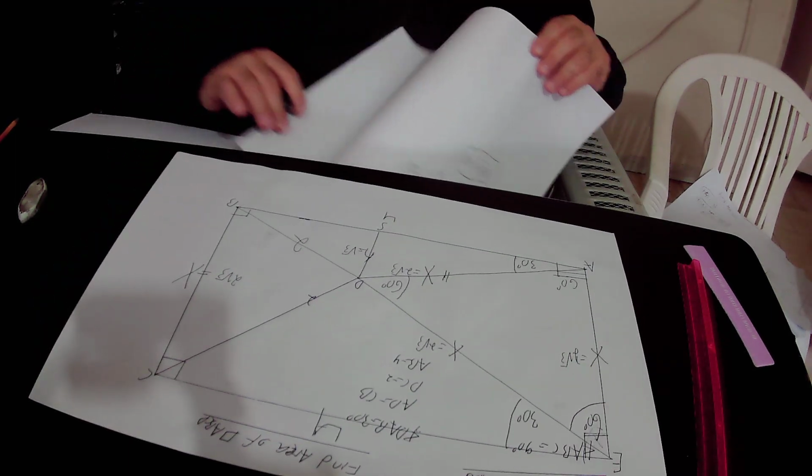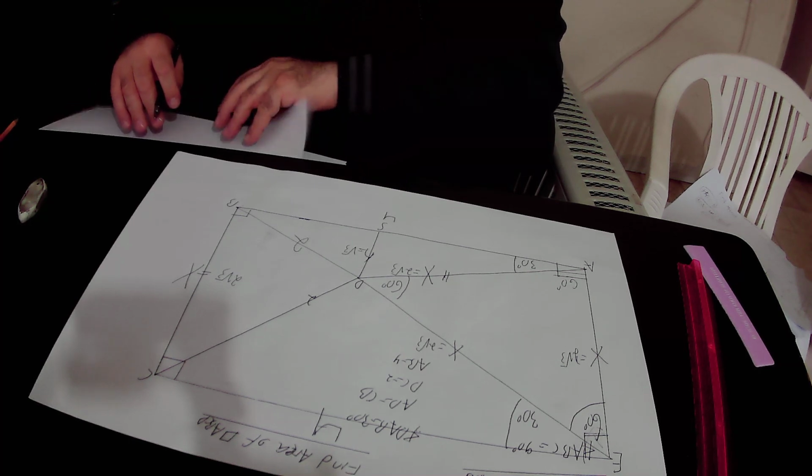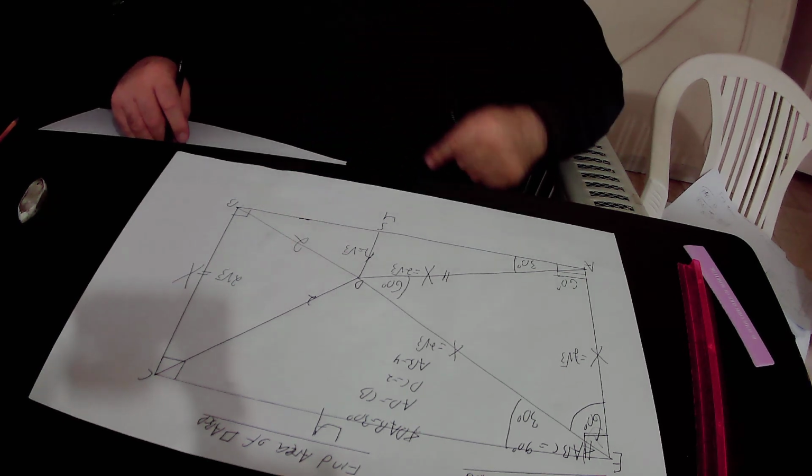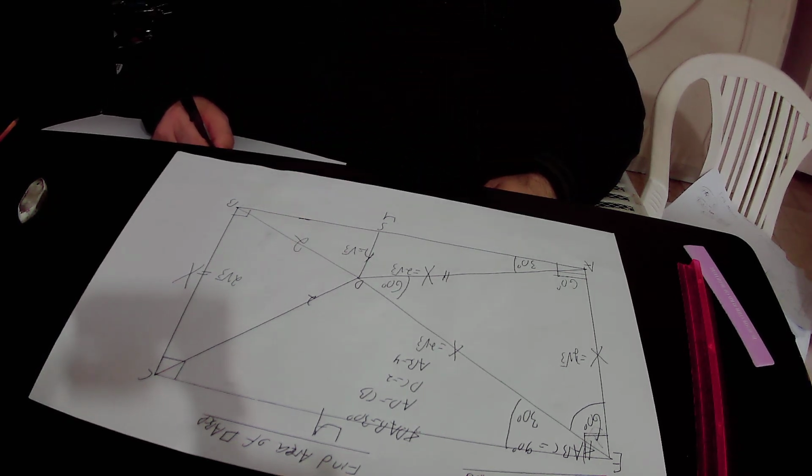And the only thing that is left to do is to find out the area of triangle DBC. And the area of triangle DBC we will do according to a special formula.